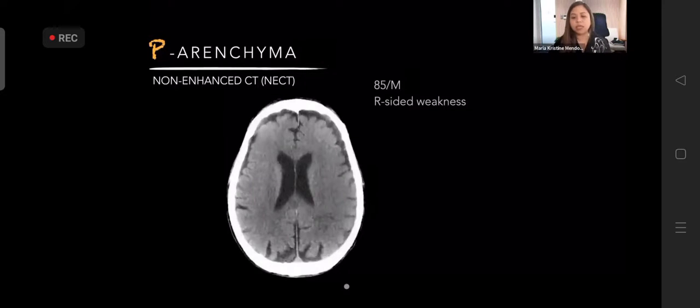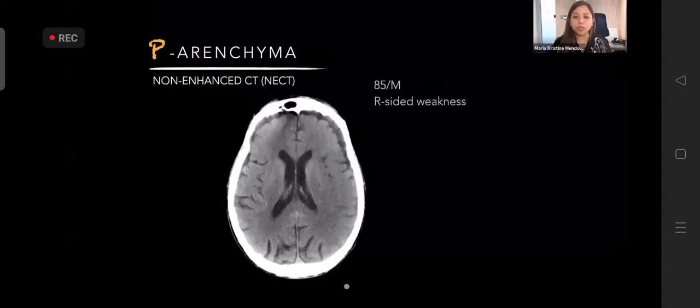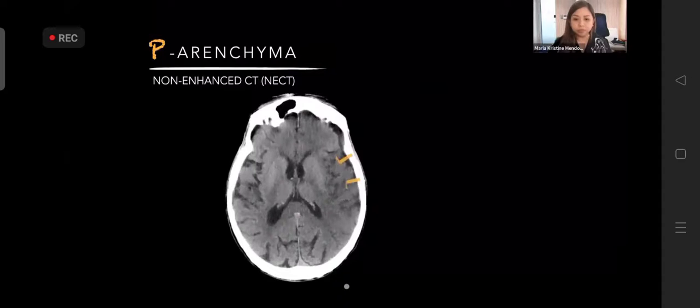So for this patient, a CT scan was obtained. This particular axial cut that is taken at the level of the body of the lateral ventricles, you don't really see any frank abnormality when comparing the right side of the brain to the left side of the brain. But as we go further down, here you can see that compared to the right side, the insular cortex appears hypodense.